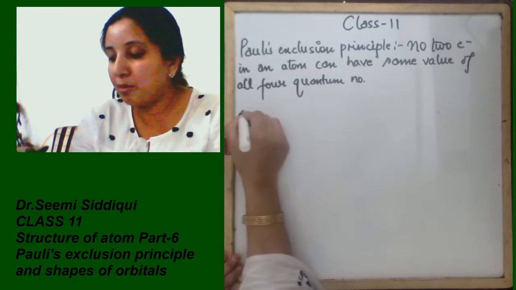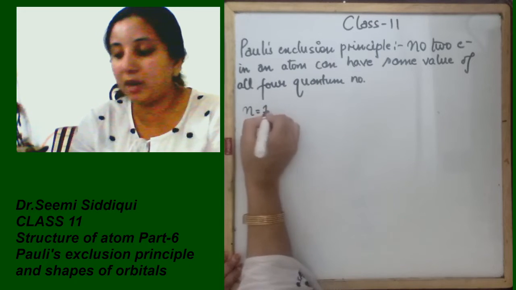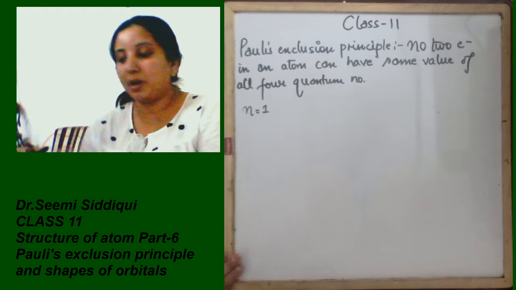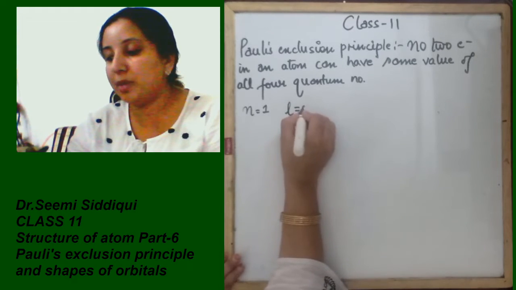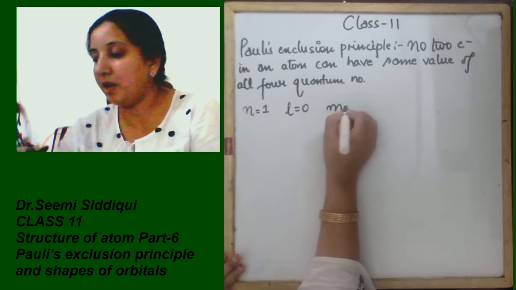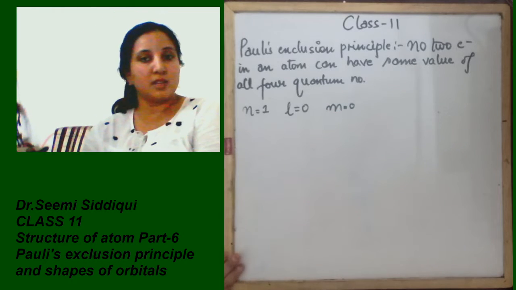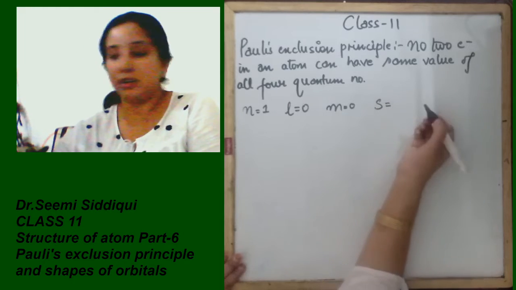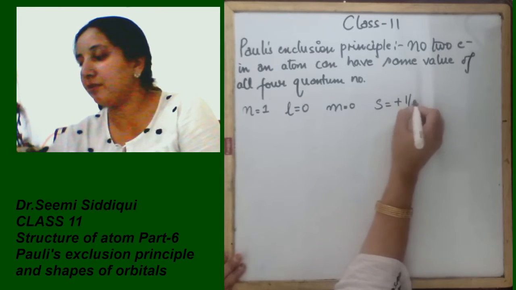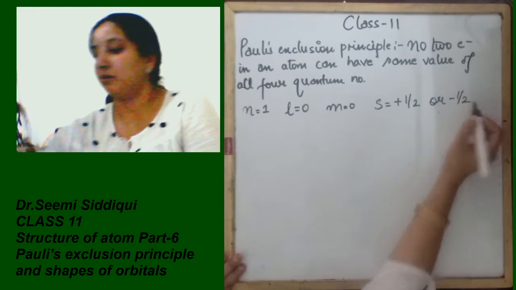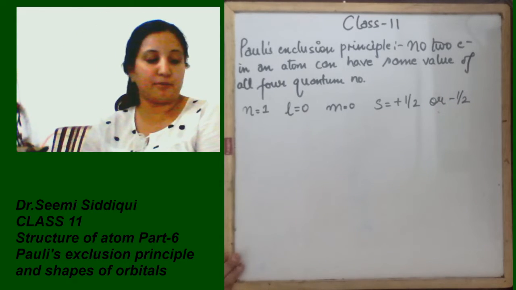Suppose your n is equal to 1. Then we know when n value is 1, your l is going to be 0, m is going to be 0, and s is going to have either plus half or minus half.